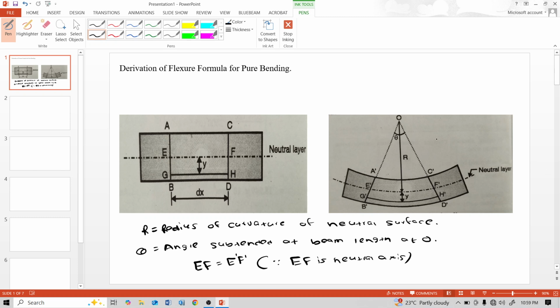This angle theta is nothing but arc upon radius, and the arc is this E'F'.